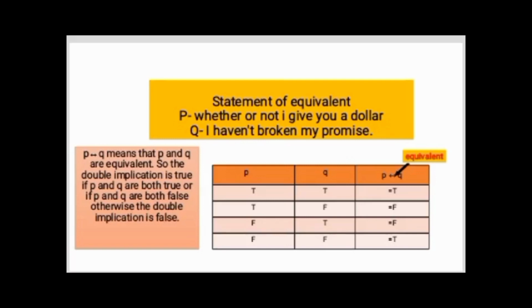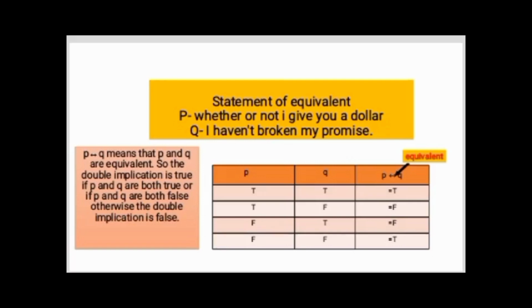And the letter Q: I haven't broken my promise, which is the statement is true. And the second is, P is false, I don't give you $1, and Q: I have broken my promise, which is the statement is false because you broke the promise when I didn't give you $1.